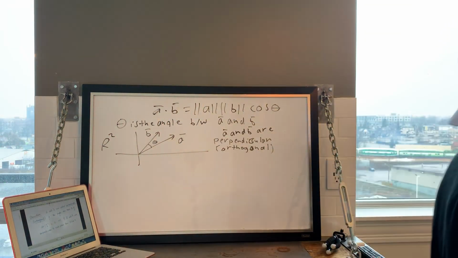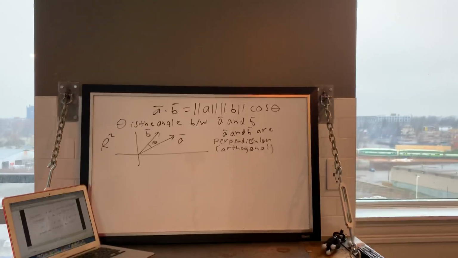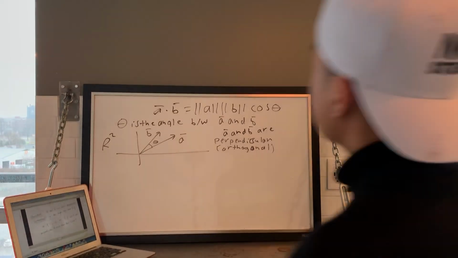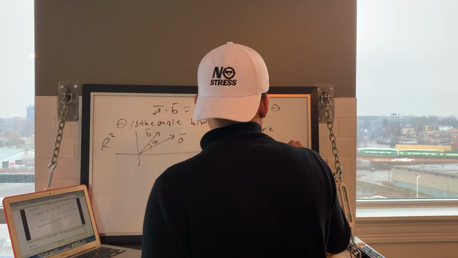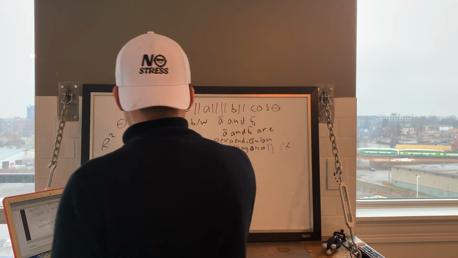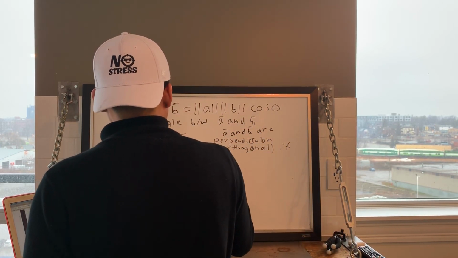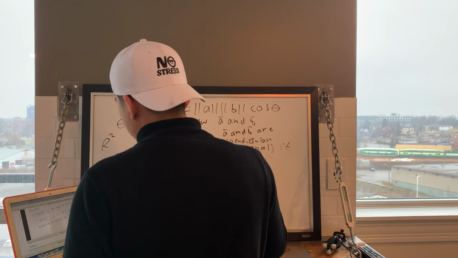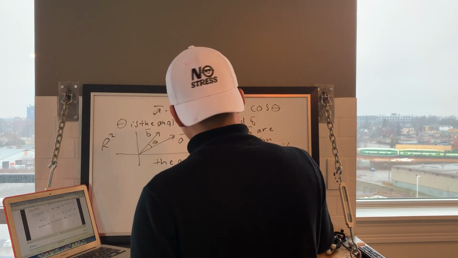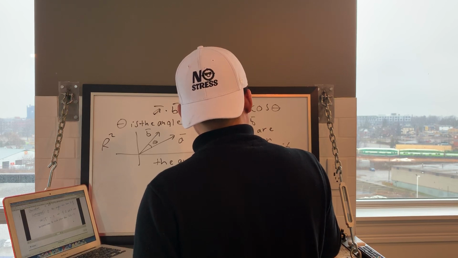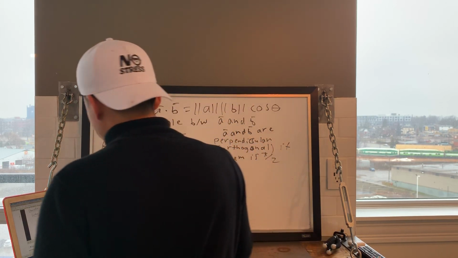A and B are what we call perpendicular or orthogonal if the angle between them is pi over 2.